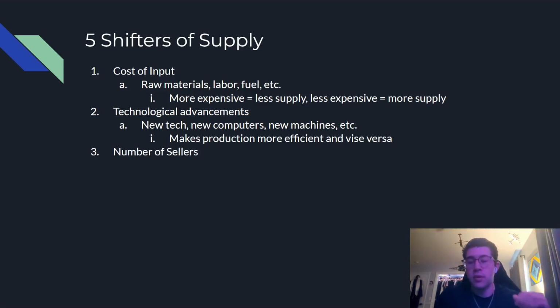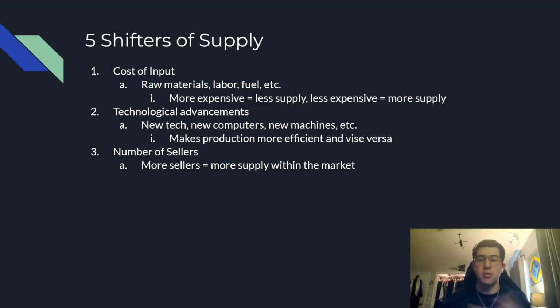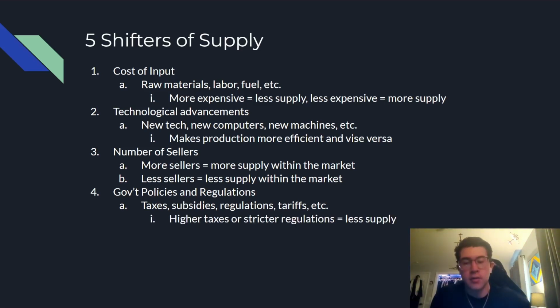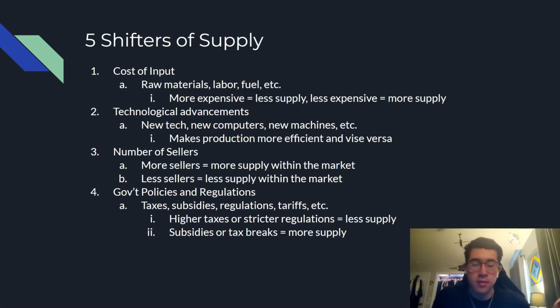Number three is we have the number of sellers, right? So as there's more sellers within the market, there's going to be more supply of a product. As there are fewer sellers, there's going to be less supply of a product. Number four is we have government policies and regulations. So how does this affect supply? Well, we have taxes, subsidies, regulations, tariffs, whatever, and for instance, a higher tax or stricter regulations is going to make it harder to supply more, whereas a subsidy or a tax break is going to make it easier to supply more.